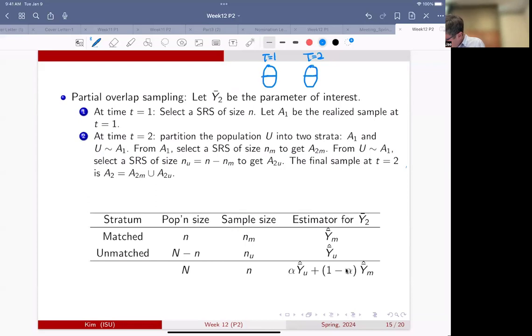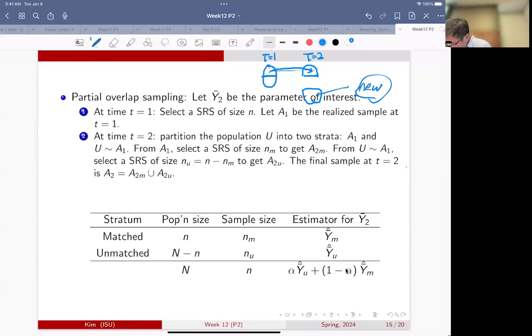We just have the same people here, but not this one, and then have some others. So this is a new sample, and this is the same panel.